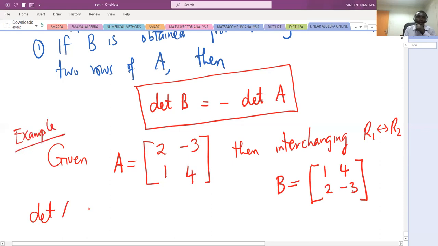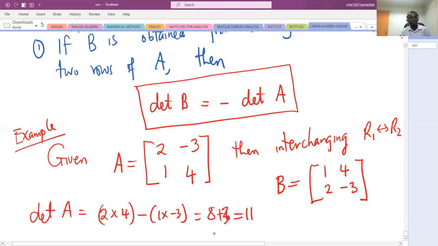The determinant of A, for this 2 by 2 matrix, will be 4 times 2 minus 1 times minus 3. So this is 8 plus 3, which is 11.